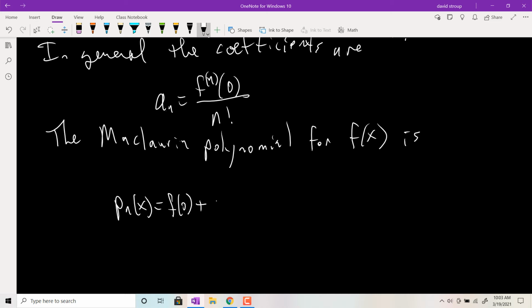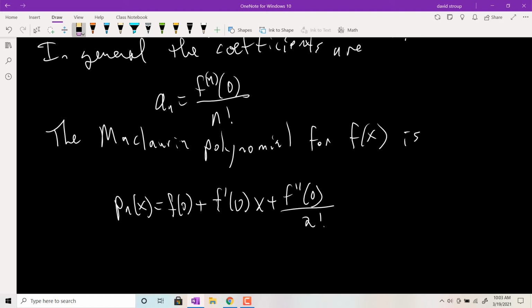But for now, f of 0 plus f prime of 0 times x plus f double prime of 0 over 2. You can think of it as 2 factorial. You can think of this one as over 1 factorial and the first one over 0 factorial if you want the pattern.